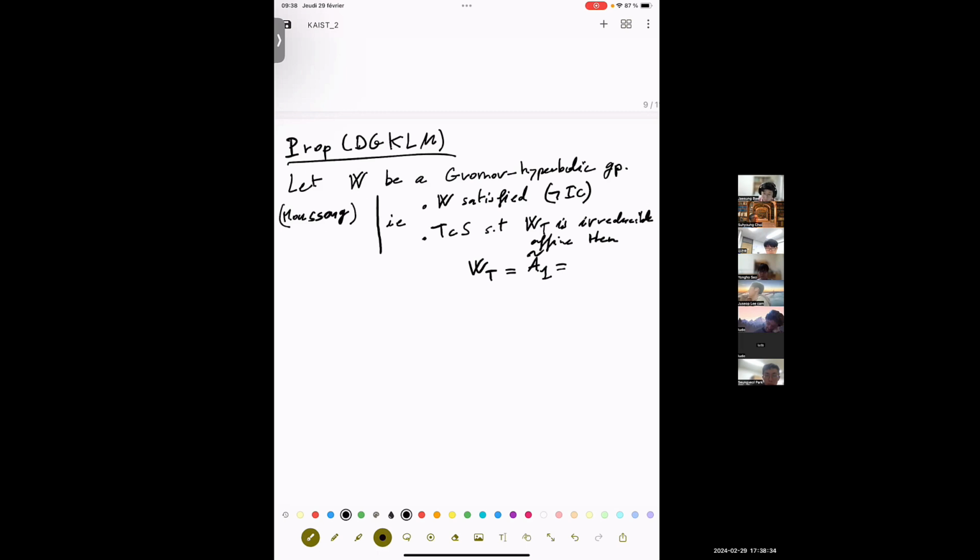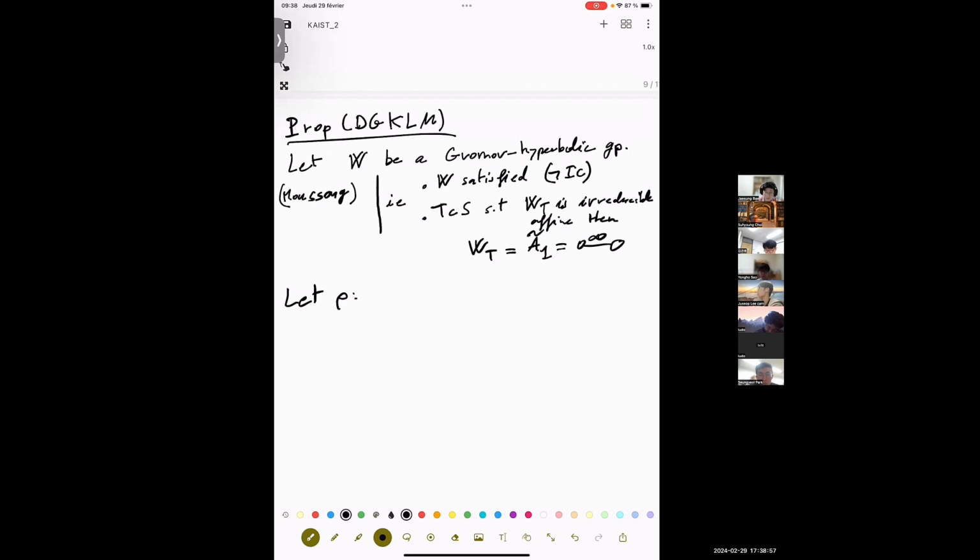So the only affine Coxeter group that I can find in my standard subgroups is the trivial one with two generators. So basically it means no affine, but I need to allow A1 tilde. And I take a representation of W as a reflection group.